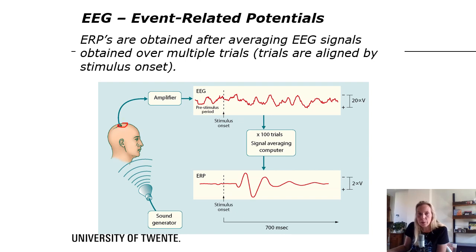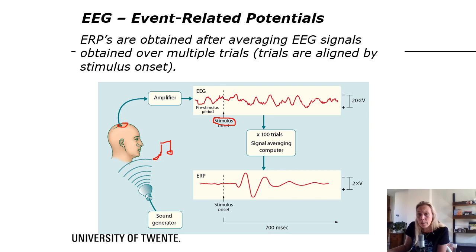There is one electrode that we measure. We put the signals into the amplifier, so we amplify the signal, we can see it. And then at a certain point, I present a tone. A music, for example. And this is the moment where the stimulus onset begins. This is where I present the tone. And then I look at the EEG signal over time.